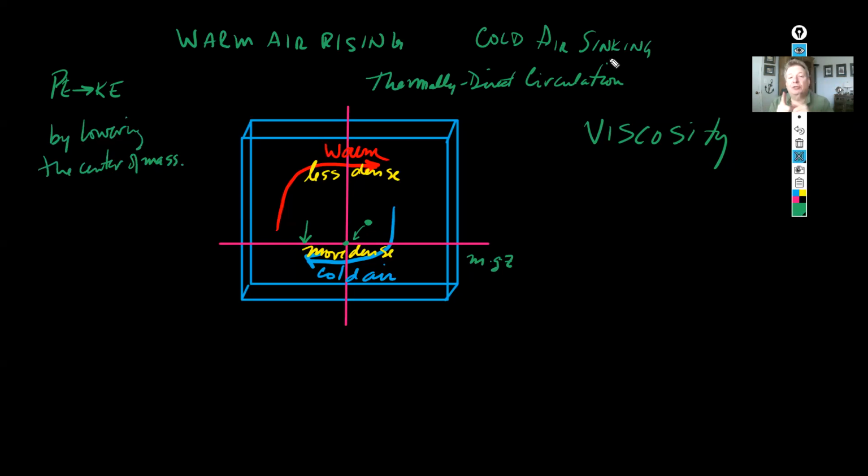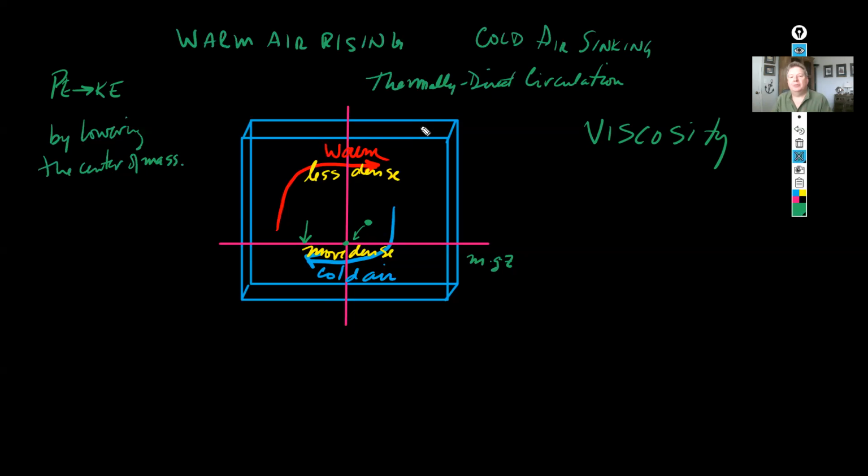What does a thermally direct circulation do? Well, it converts potential energy into kinetic energy. How? By lowering the center of mass. And that's what's going on. So let's take a thunderstorm. Do you recall from the very beginning, I said a thunderstorm is a process. It's warm air rising, cold air sinking.